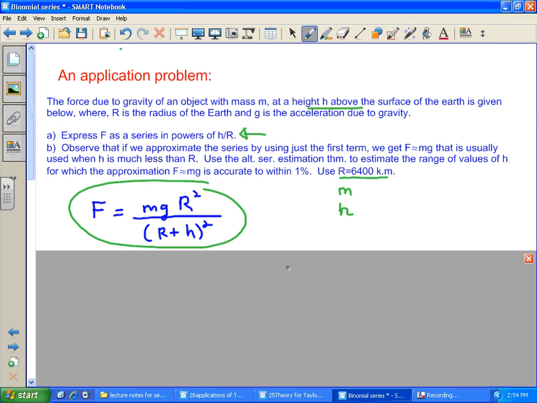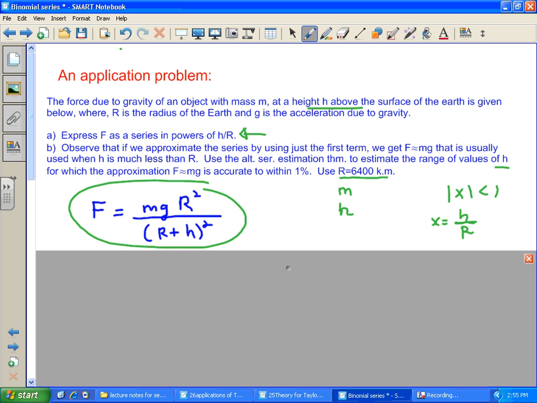So when we expand the series in terms of h over r, remember the binomial series, you want x to be less than 1, and the closer you are to 0, the better the approximation is. And h over r, chosen for x, again, that will be a value very close to 0. That means that we can use just the first term or just the first few terms of the power series expansion to get a pretty good approximation, because we are going to be very close to 0 in terms of our choice of x.